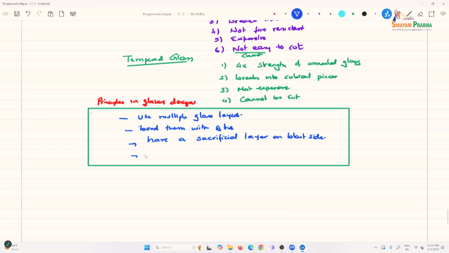You could have it bonded to an inner polycarbonate type layer in forced entry and ballistic resistance situations.